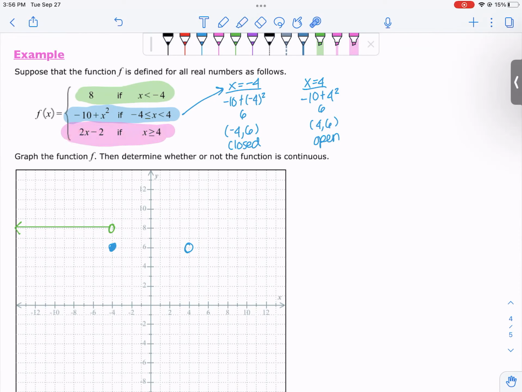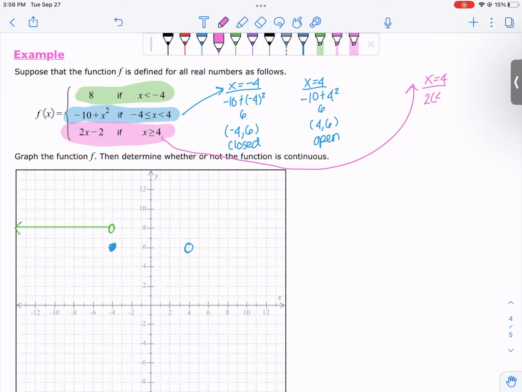Here, for x greater than or equal to 4, we use 2x minus 2. We'll do x equals 4, plug it in.